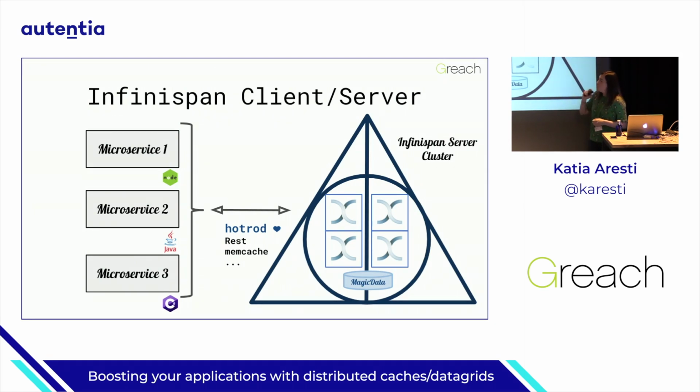So on one side, we will have different microservices where we are going to use an Infinispan client, and it can be a Node.js microservice, a Java or JDK microservice, a C# microservice, different languages supported.